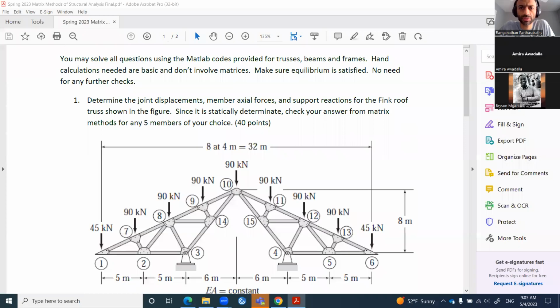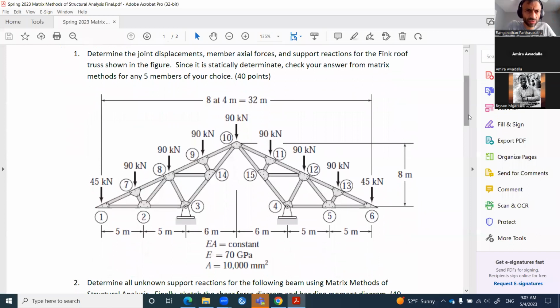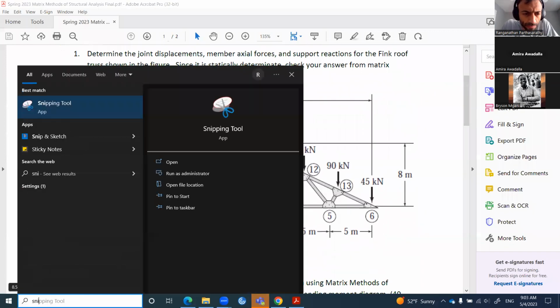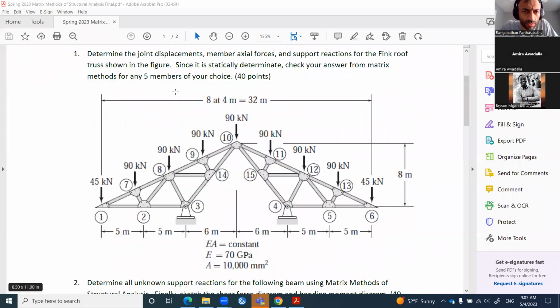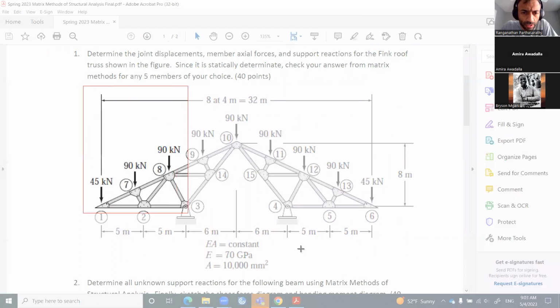Okay. So now we are looking at question 1 of this funnel. And let's take a screenshot first.